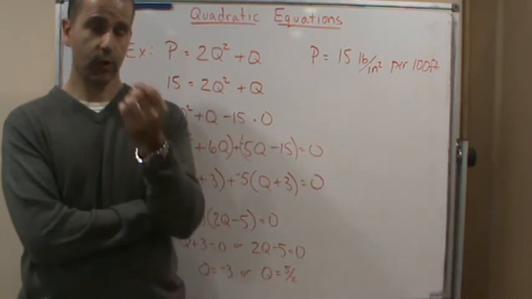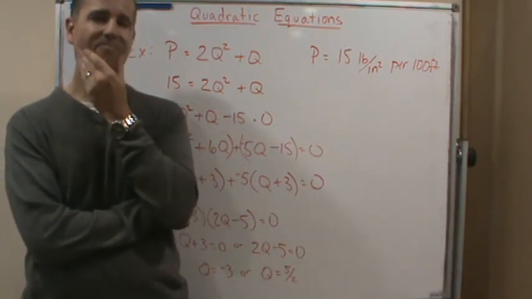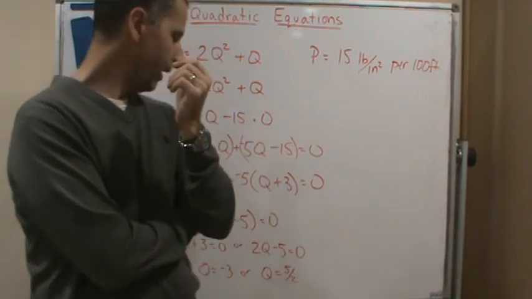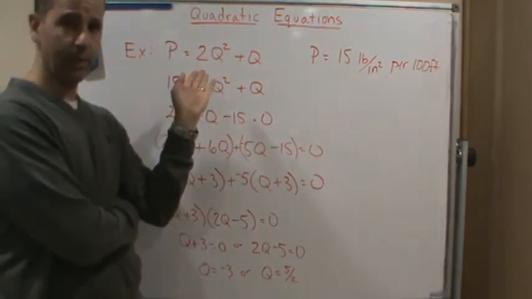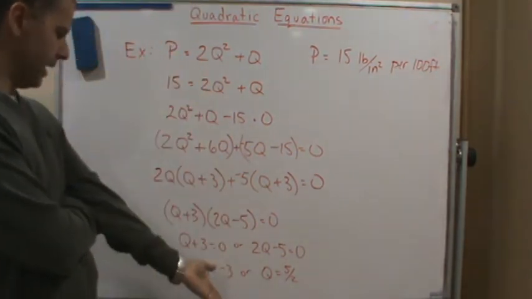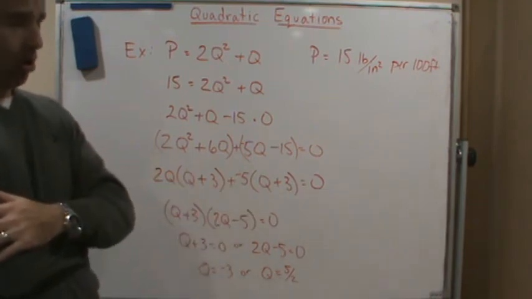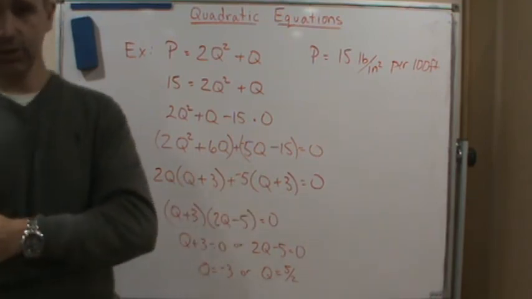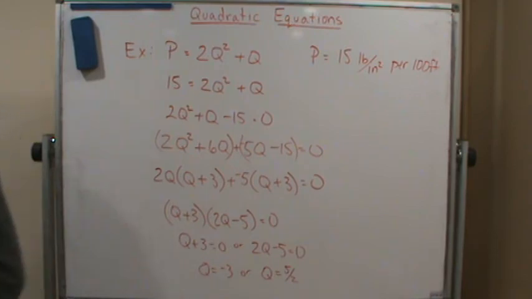Okay, so now we have to ask ourselves, especially with an application type problem, do the answers make sense? And I would argue that no. No, the answers do not make sense. One of the answers is not possible.